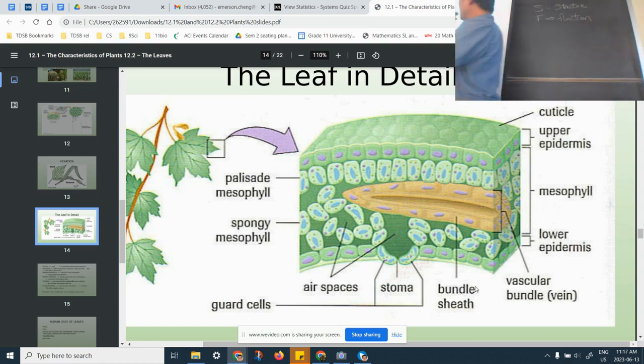Now here, you see underneath here, you have a lot of space. It's important because sometimes when the stoma is closed, you still want photosynthesis to happen. So in this case, you have a lot of space for the gas that came in or was generated. Spongy mesophyll. You notice that they're very loose.